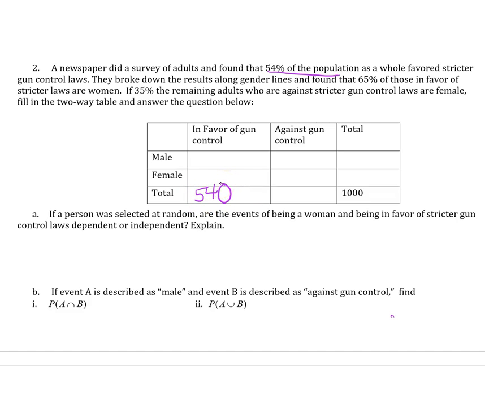They broke down the results along gender lines and found that 65% of those in favor of stricter laws are women. So it's 65% of this 540. So 0.65 of 540 is 351. Which means that this number must be 189 in order for this to all add up to 540.